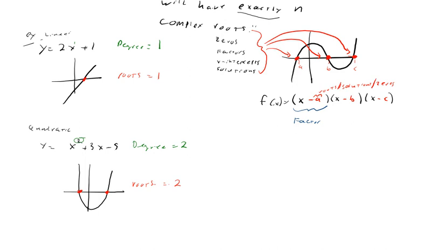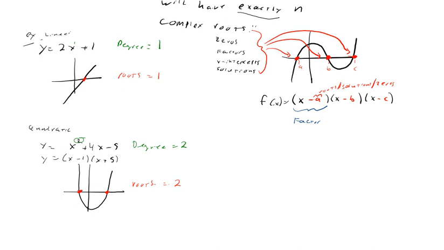And you can write this equation like y equals x minus 1 and x plus 5. Maybe I'm going to make this a 4 here. There. Now it factors nicely.